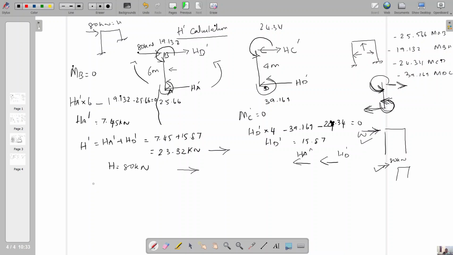So both the directions are equal. Now the correction factor R equal to H by H dash equal to 80 by 23.32, which is equal to 3.43. We need this to multiply with the sway analysis.